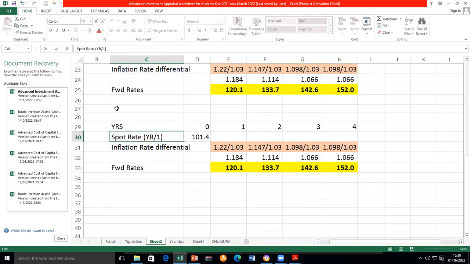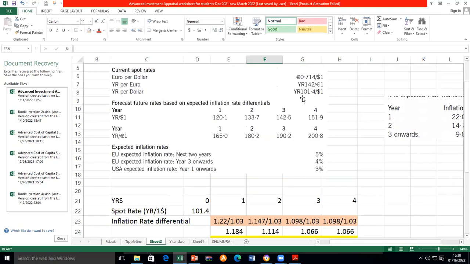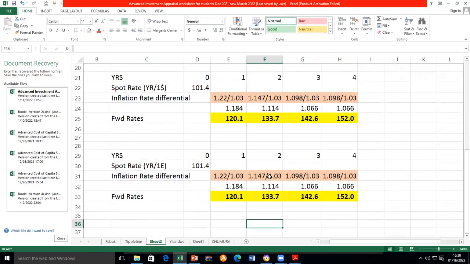I'll put my euro like that. And in terms of the rate, it's 142. So come here, you say 142. That's what we put here.